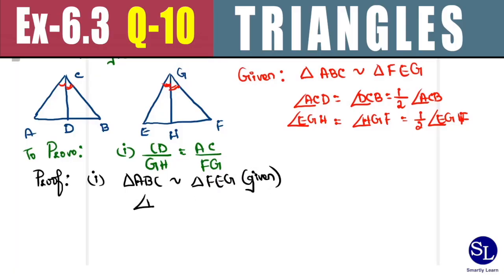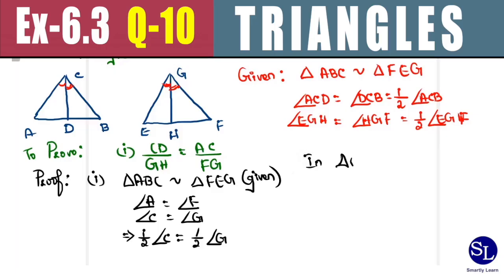This means that angle A is equal to angle F and angle C is equal to angle G. If angle C is equal to angle G, it implies half of angle C should be equal to half of angle G. So in triangle ACD and triangle FGH, I'm going to prove the similarity.